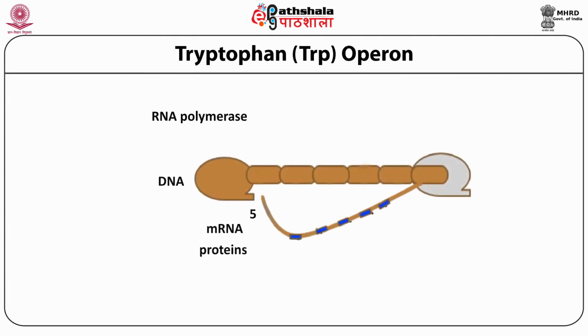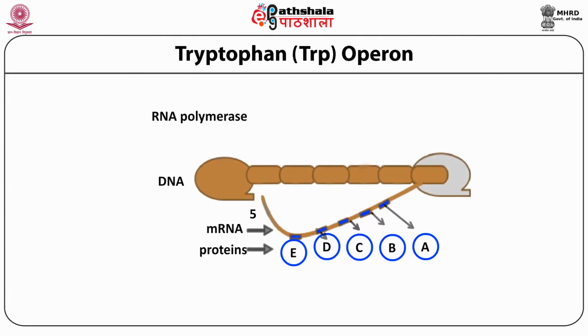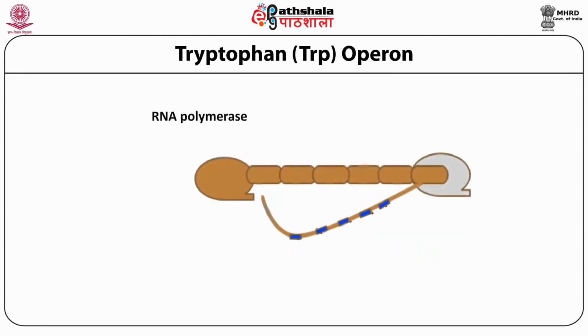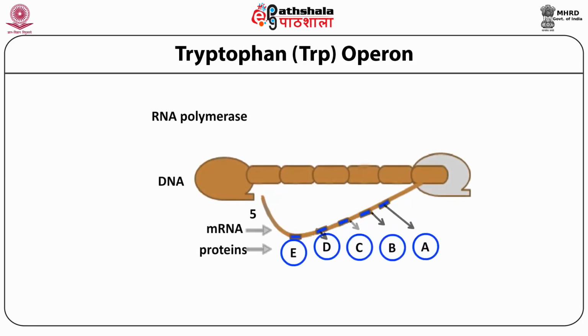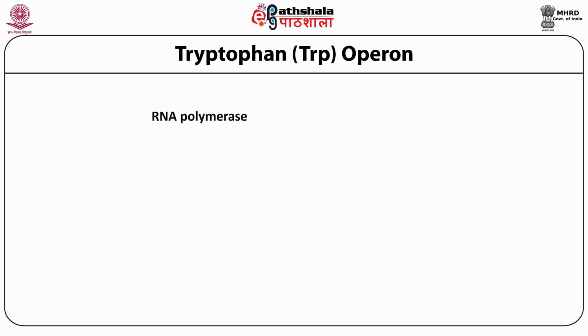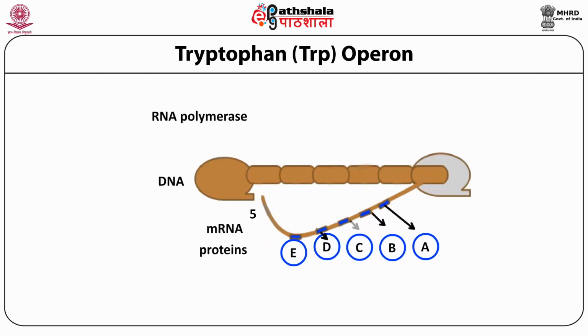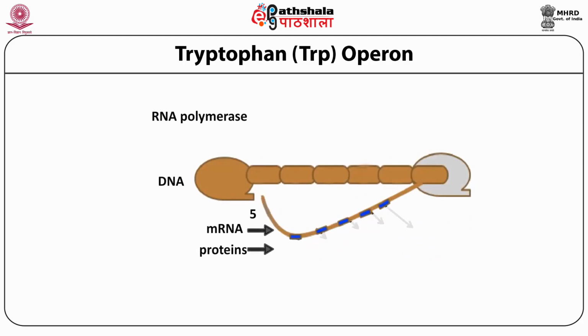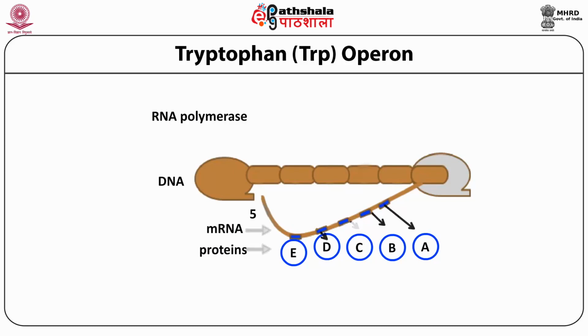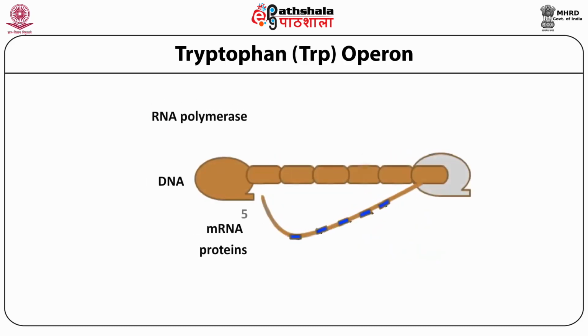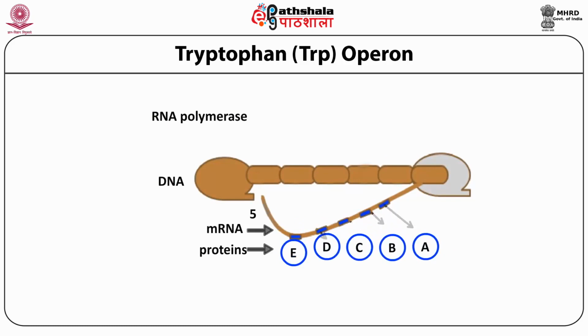The tryptophan or TRP operon consists of 5 structural genes which code for enzymes involved in tryptophan biosynthesis, a TRP promoter and a TRP operator sequence. Each step in the pathway is catalyzed by a specific enzyme.